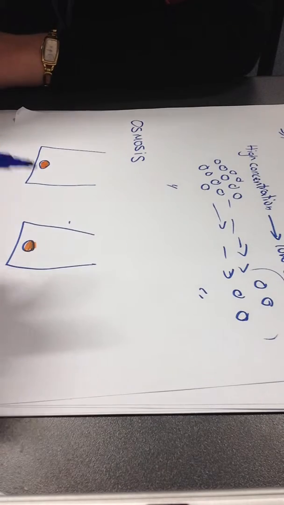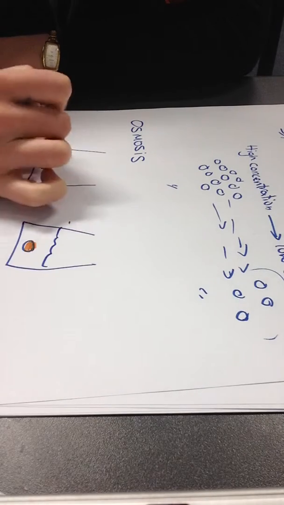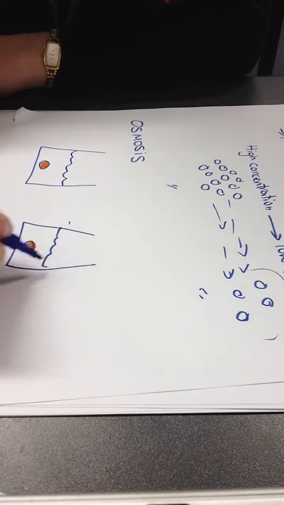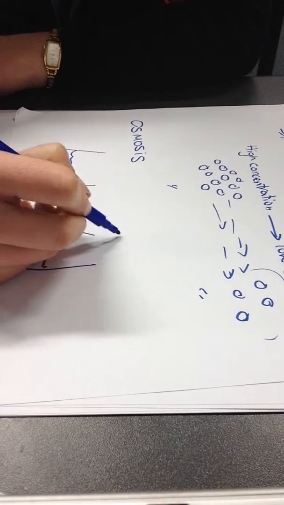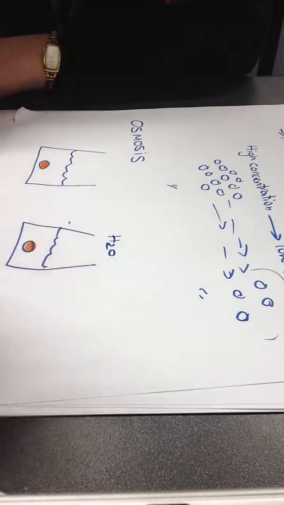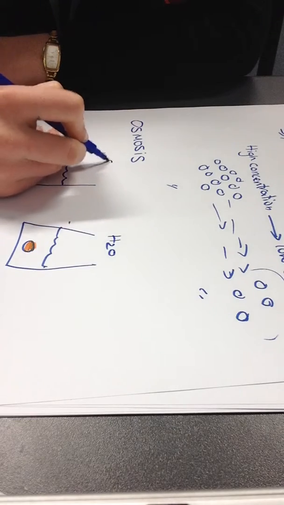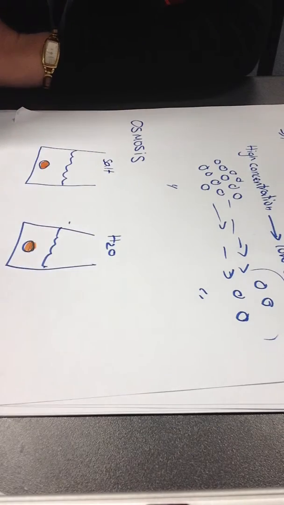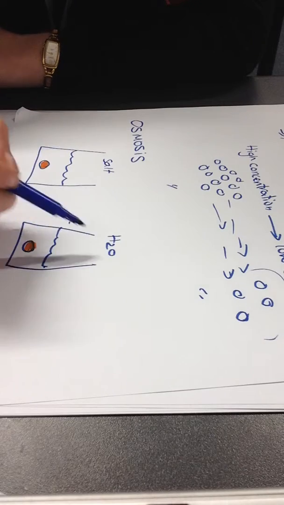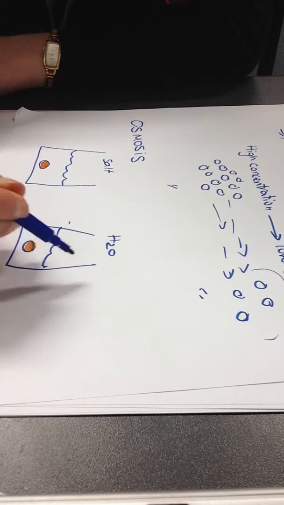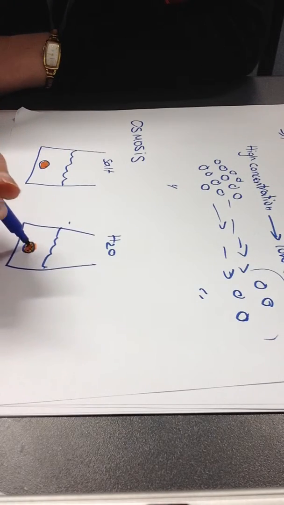Basically, if we put the two carrots in different beakers of water, here we've got pure water, and here we've got a salt solution or a sugar solution or whatever. In this H2O one, there's more sugars and things inside of the carrot than outside.